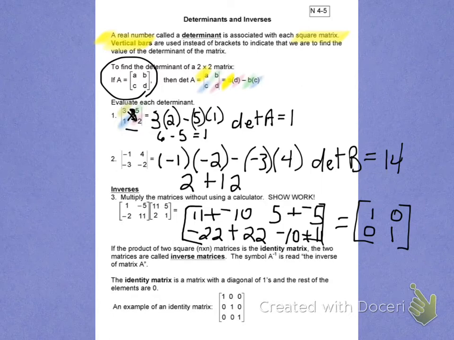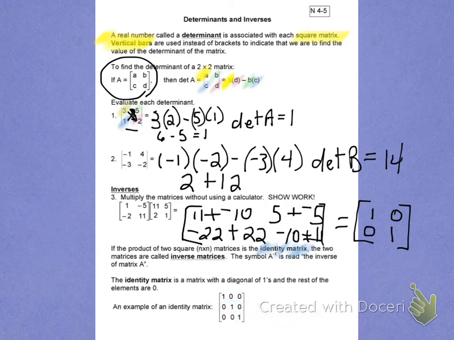All right, so that is important. That's an important type of matrix to be able to recognize. When the product of two square matrices is the identity matrix, that's what you're going to call this. That's your identity matrix.